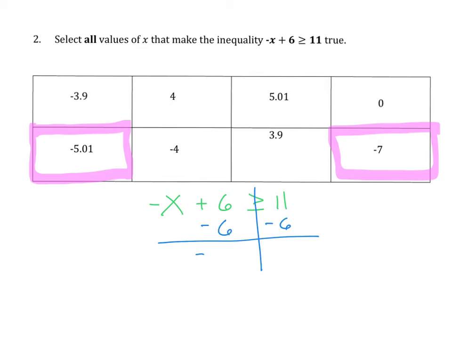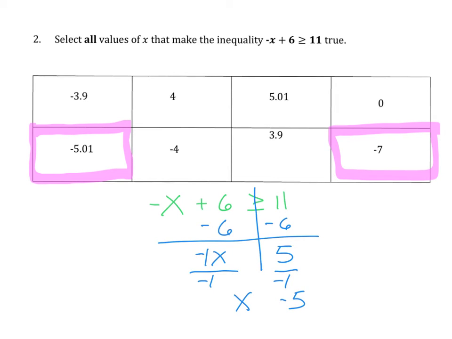You're left with a negative x, and you're left with a 5 on this side of the inequality. Remember that this negative sign in front of the x is actually a negative 1. So we're going to divide by a negative 1 on both sides, and that means that we are left with x and then a negative 5 here.